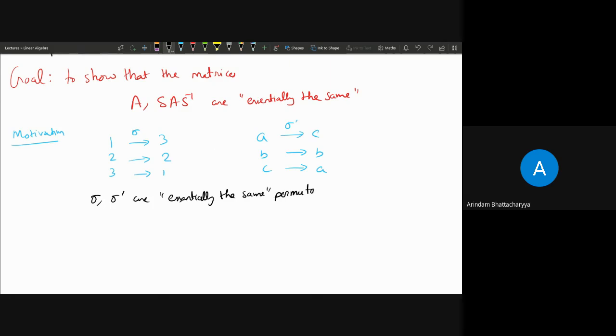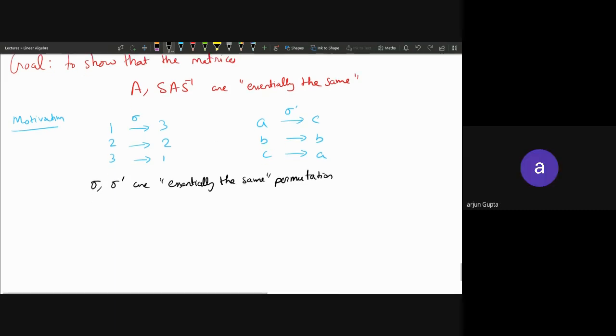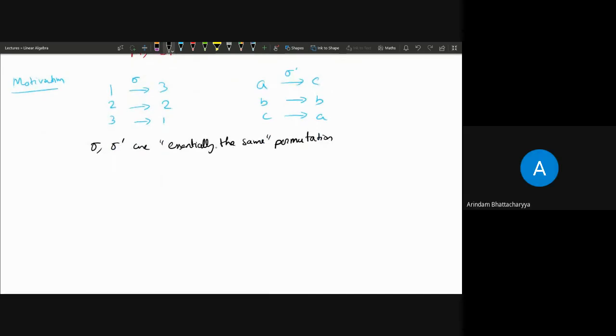Does that make sense intuitively? Yeah. So how to formalize this?